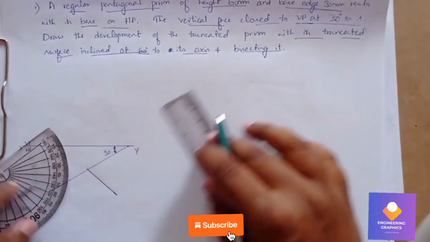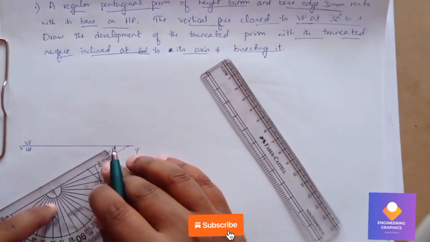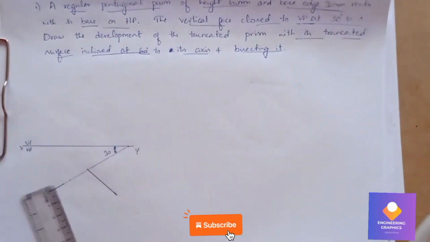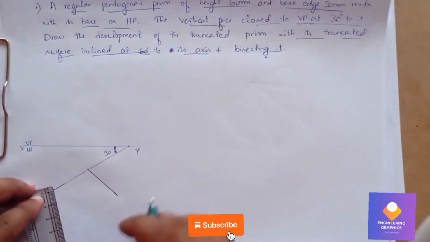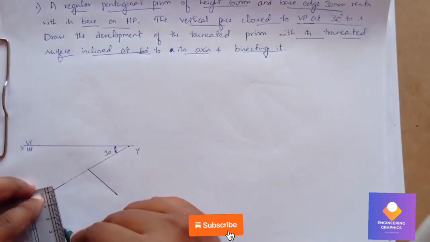So draw a line of length 30 mm passing through that angle point. Same way we have to do it for this side also. Keep the protractor in such a way and mark 72 degrees and draw a line of length 30 mm passing through that point, because the pentagonal prism has a dimension of 30.